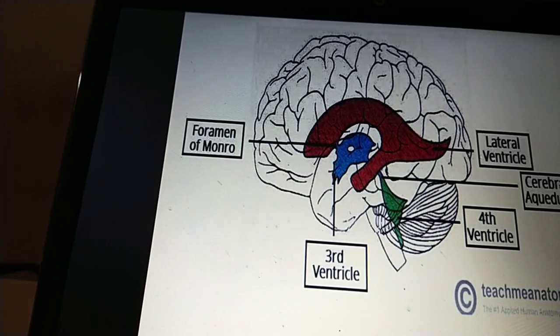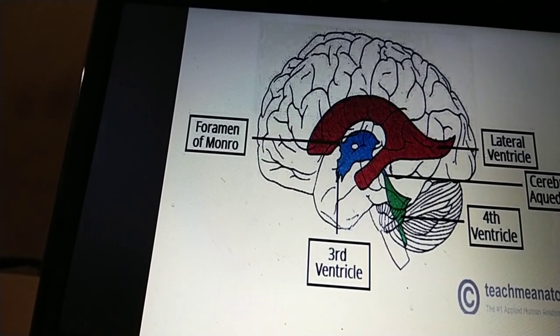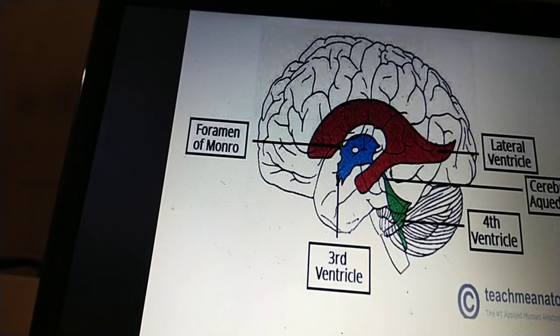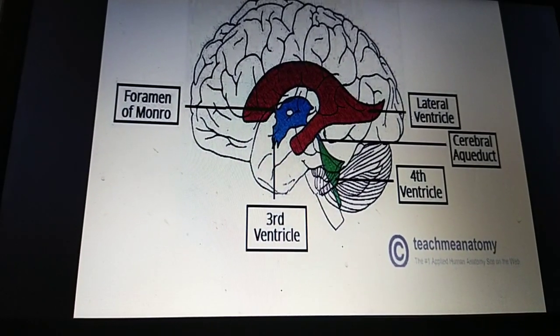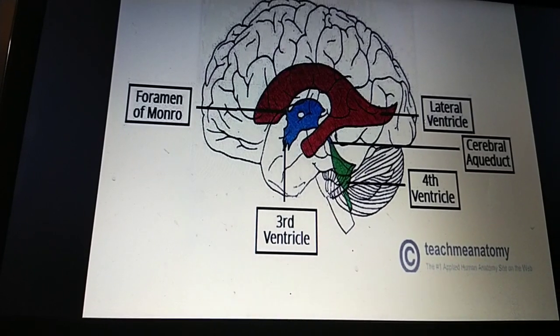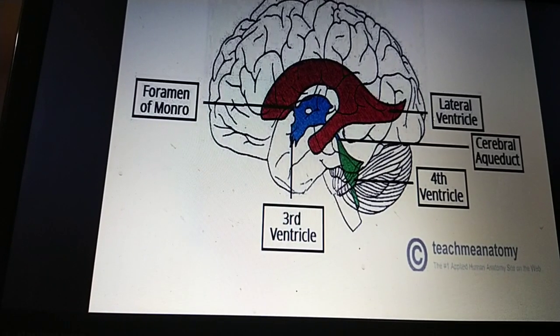Cerebrospinal fluid is an ultrafiltrate of the plasma that surrounds the brain and spinal cord. It serves three main functions. One is protection: it acts as a cushion for the brain, limiting neural damage in cerebral injuries.